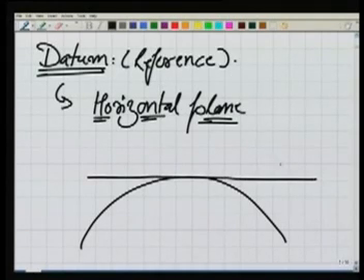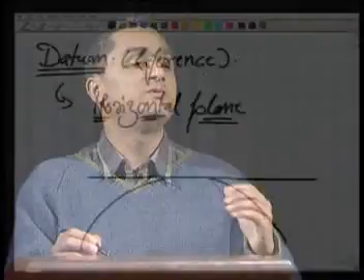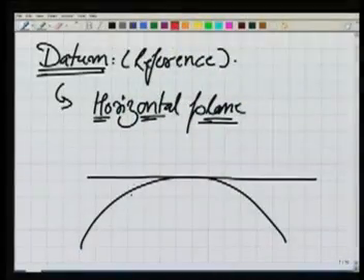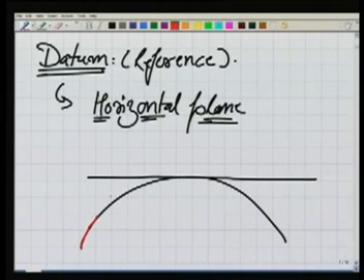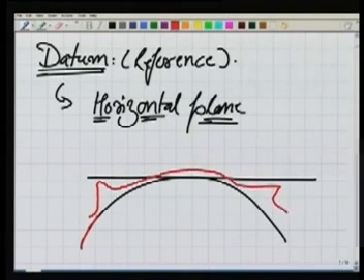Can we use this horizontal plane as a reference plane for determining the RLs? Well, let us see it now. If this is the average plane of the earth surface, and if the earth is something like this, this is the surface of the earth, the red one.